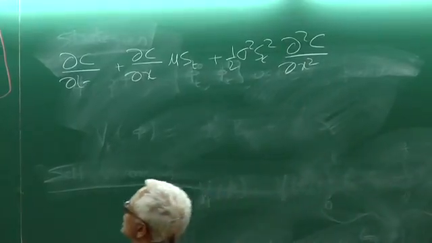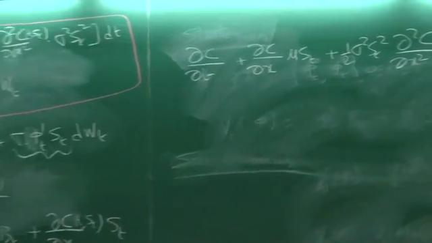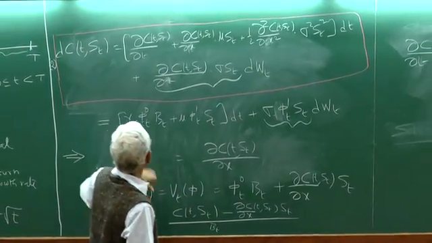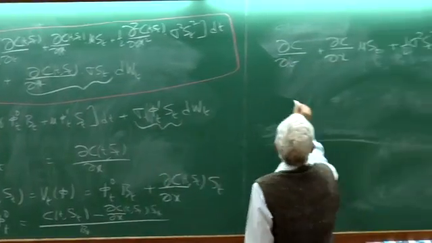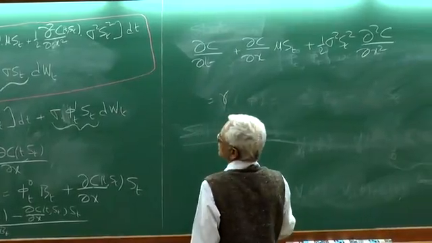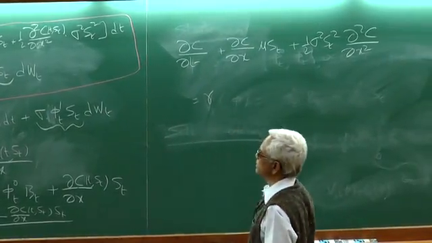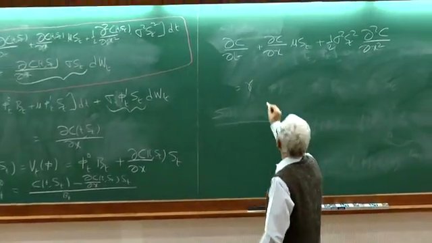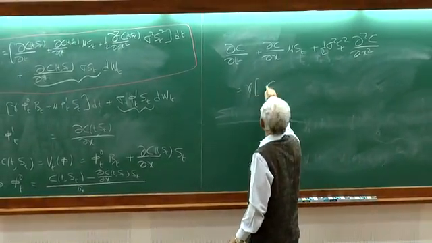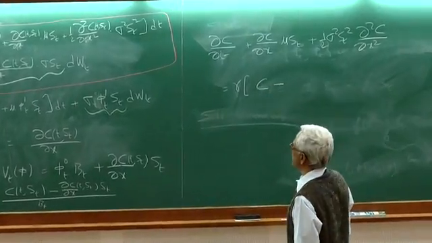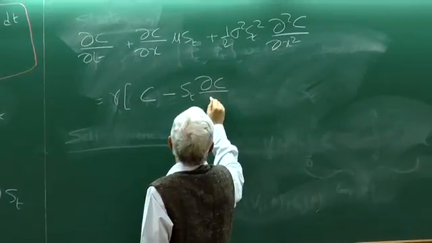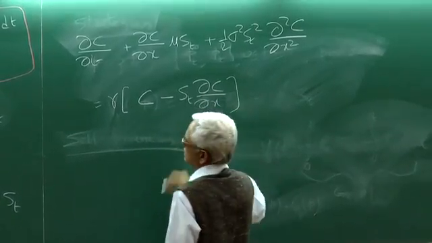This is equal to this guy, r phi 0 of t times B_t. Phi 0 of t times B_t is C minus S_t times del C over del x.